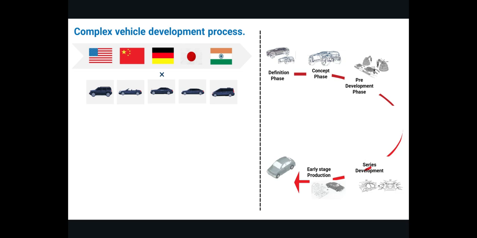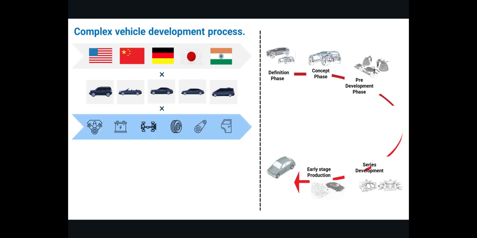In each phase, functions are designed and validation tests are performed using simulations and prototypes to meet the needs of customers. In addition, the development team is divided into groups for subsystems such as engine, battery, motor, and chassis.